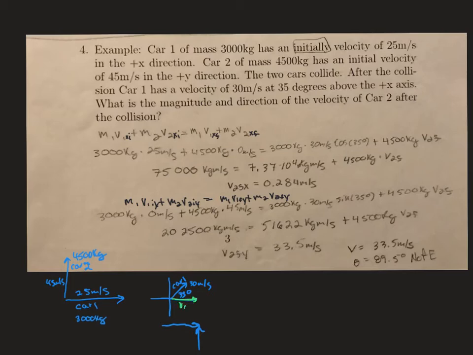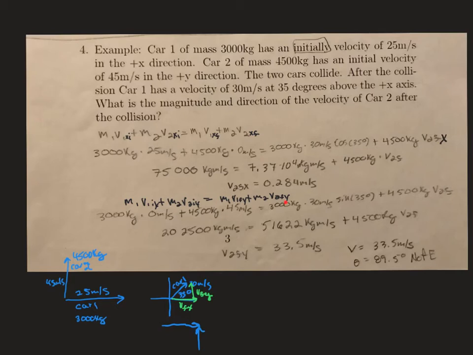So we have v final x and v final y. Since the x component is adjacent to the 35 degrees, we're going to use cosine. We're going to take 30 times the cosine of 35, and then plus the 4,500 kilograms times v2 final. So that's going to be our unknown. So we have to find that x component.